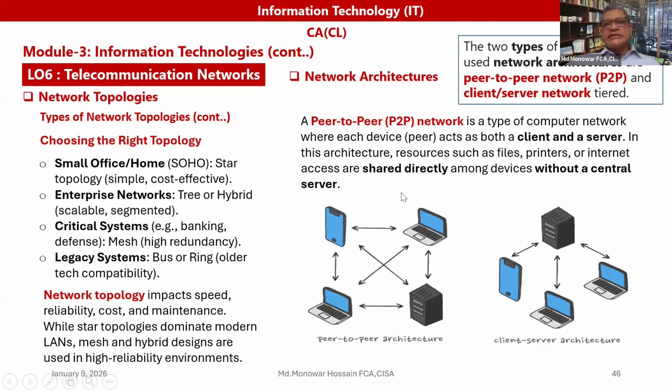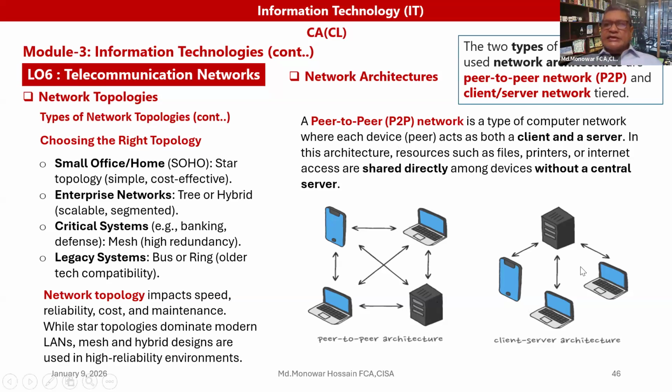In this architecture, resources such as files, printers, and internet access are shared directly among devices without a central server. They can share their necessary documents and files with each other.